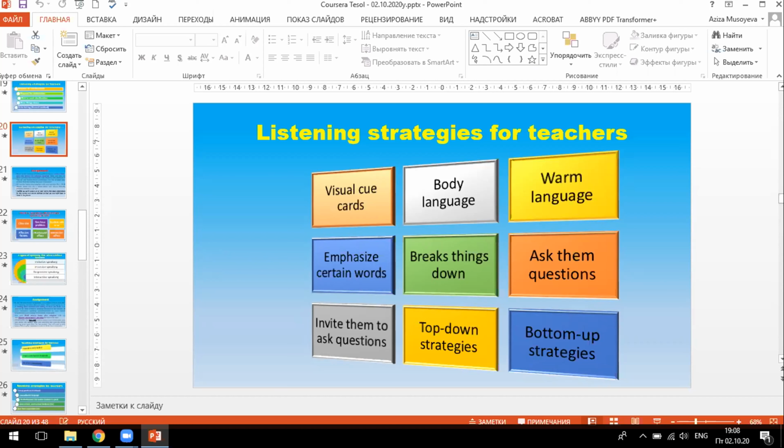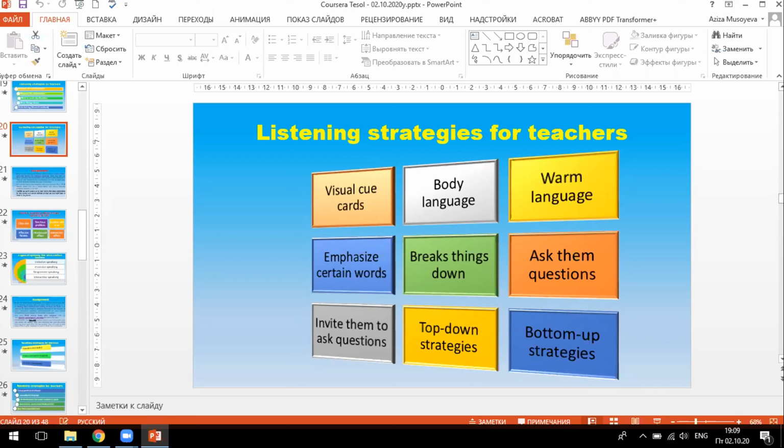Top-down strategies are more casual, less intensive. For example, to seek the meaning of a single word, you can ask them to search for the gist of an idea, to connect all the previous knowledge of the learner to a particular language activity.